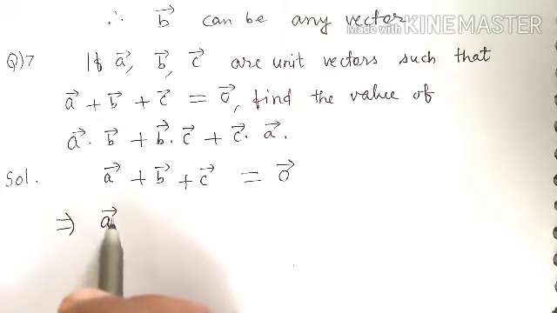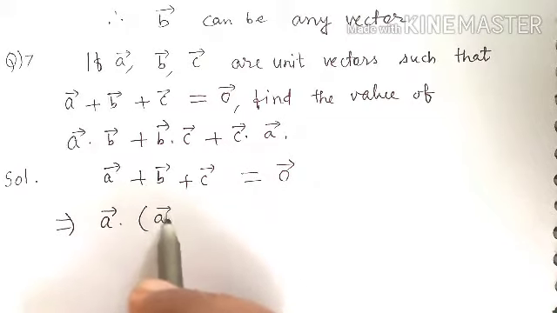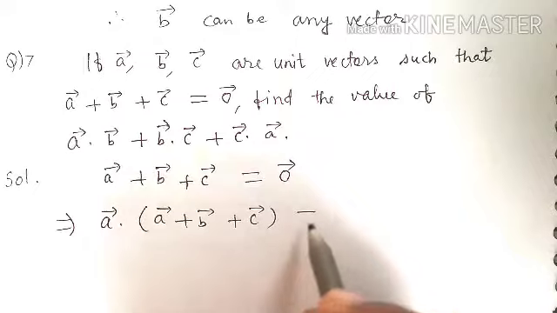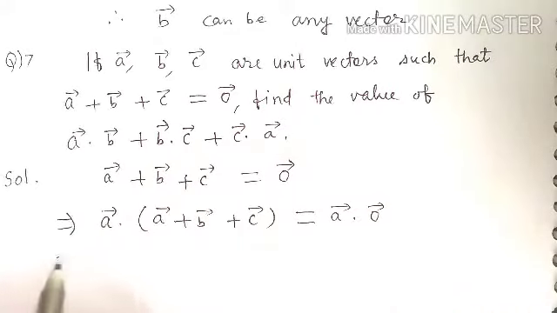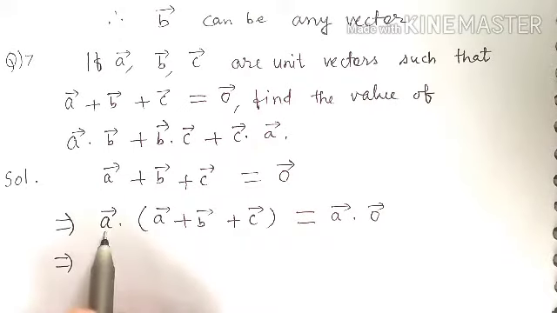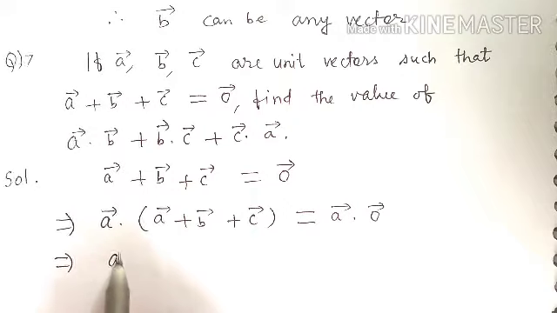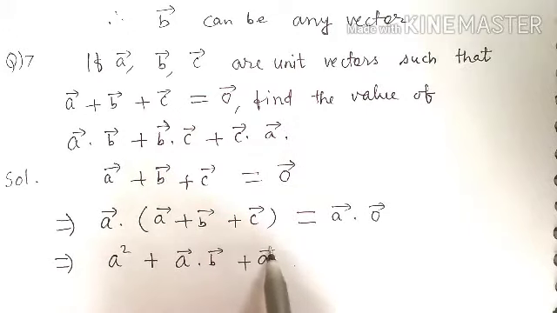Vector A dot (vector A plus vector B plus vector C) is equal to vector A dot 0 vector. This implies vector A dot vector A, that is A squared, plus vector A dot vector B plus vector A dot vector C.